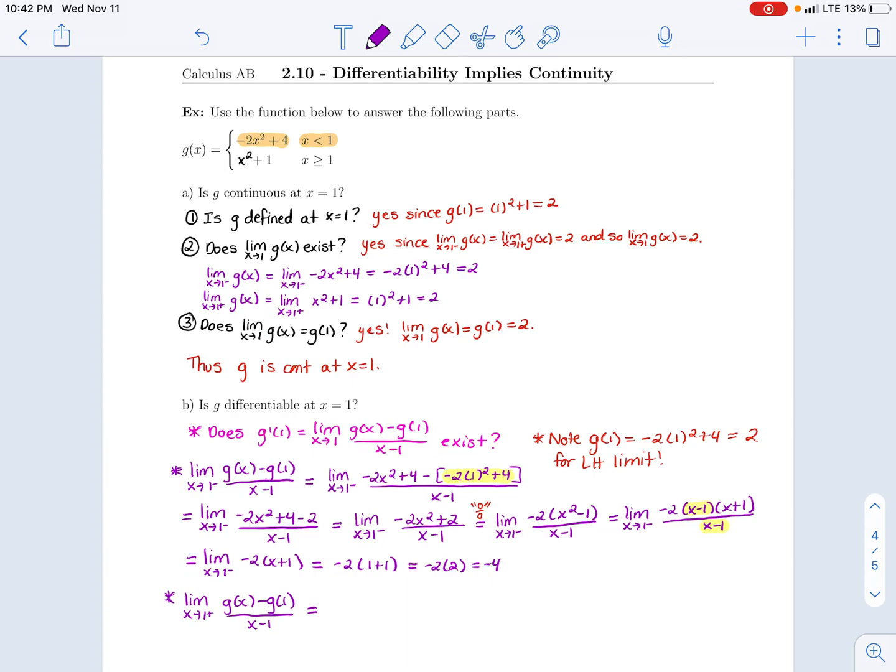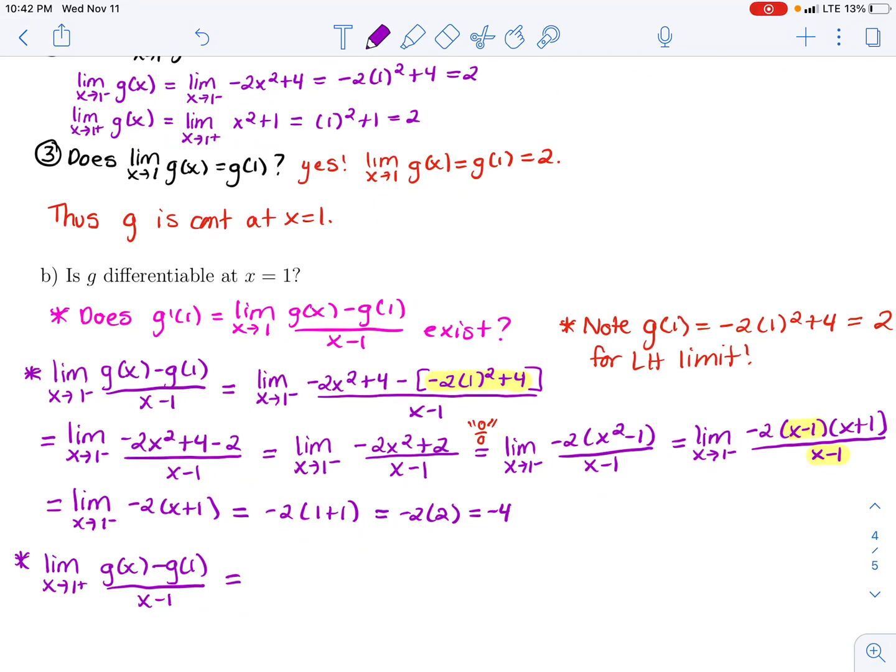So this is the limit as x approaches 1 from the right of x squared plus 1 minus, I need to plug in 1 into that function, all over x minus 1.